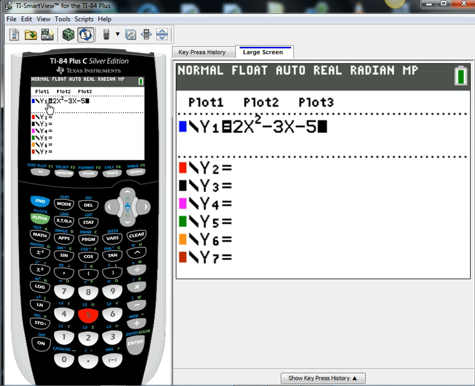Now I'm going to slow it down a bit because this is real important. Before, we were working with the quadratic equation and it equaled 0. Now we're looking at the entire function. We're looking at all the values of Y, not just 0.